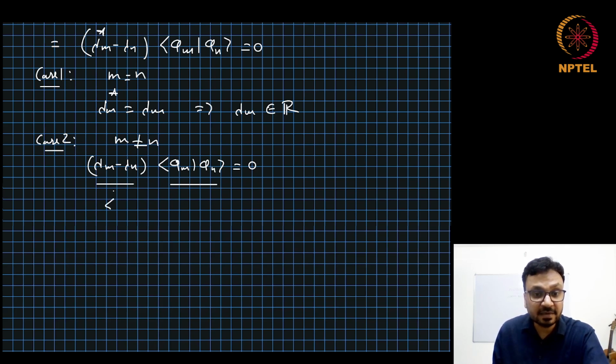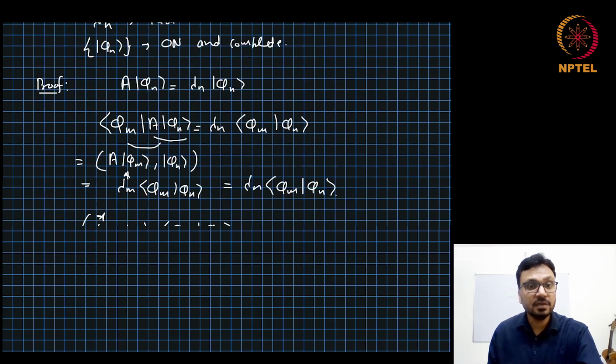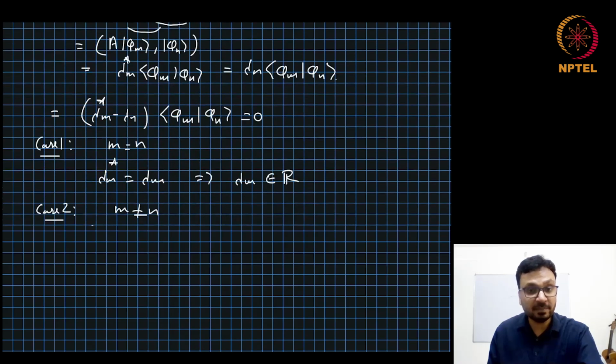So it must be that phi m phi n is 0, which implies that phi m is orthogonal to phi n whenever m is not equal to n. And this proves our whole claim that the eigenvalues are always real for a Hermitian operator and eigenvectors are always orthonormal and complete.